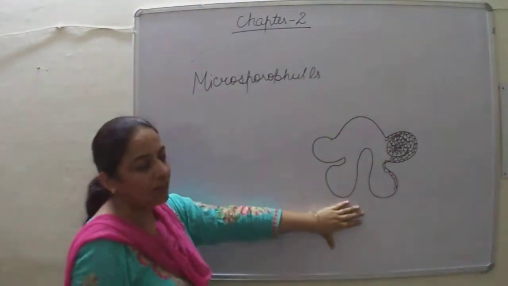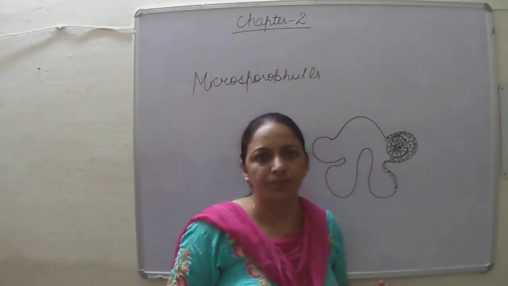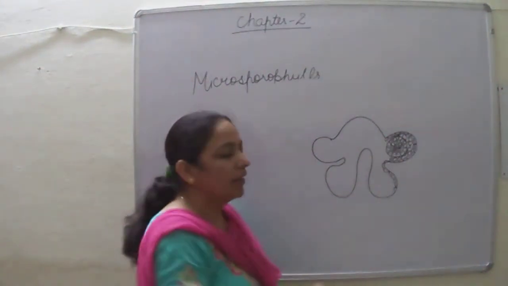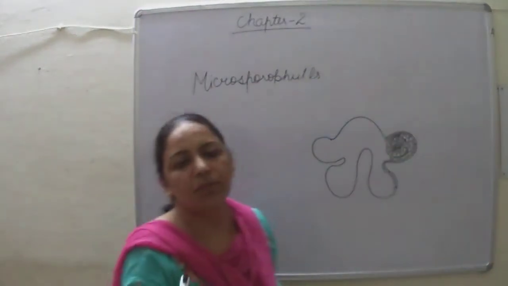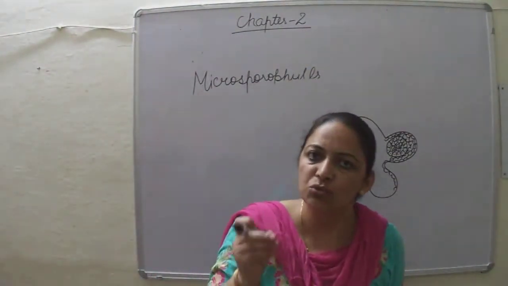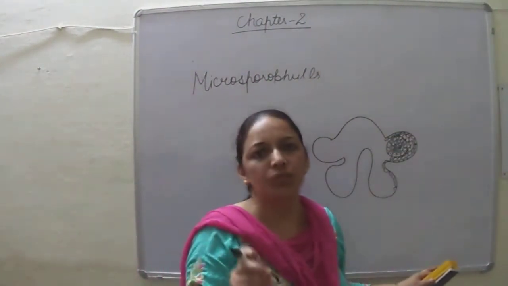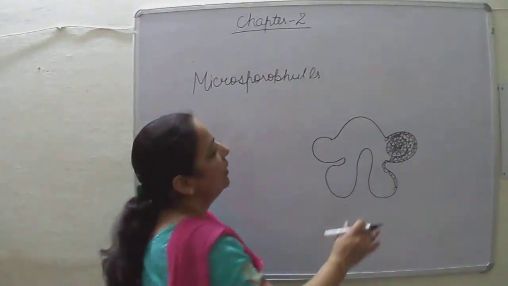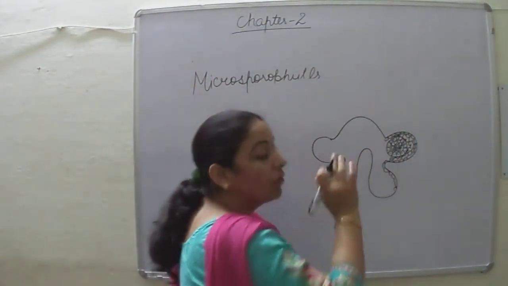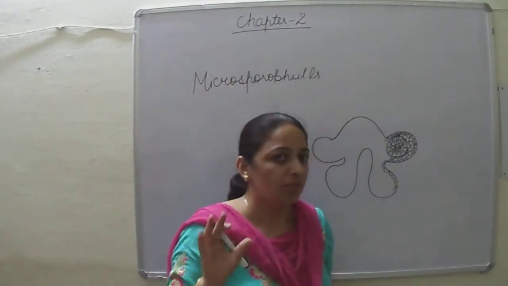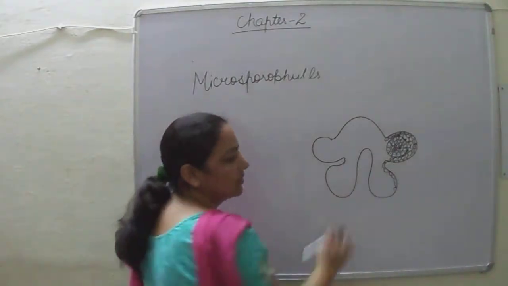A very young anther consists of two lobes, and it has actively dividing meristematic cells that give rise to the sporogenous tissue. Here, this is the young anther. From outside, it looks bilobed, but with the development, it becomes four-lobed inside.